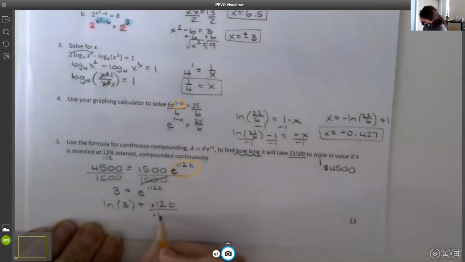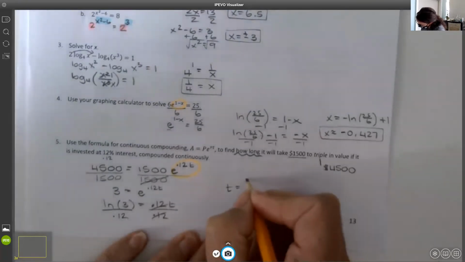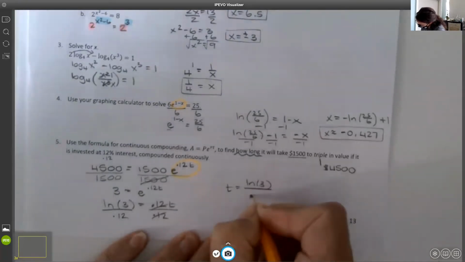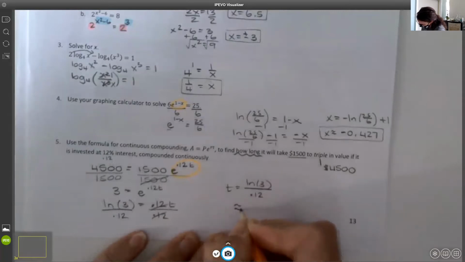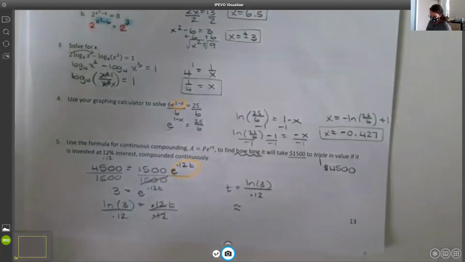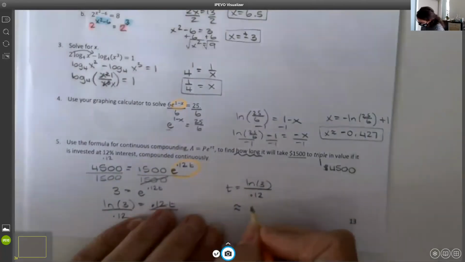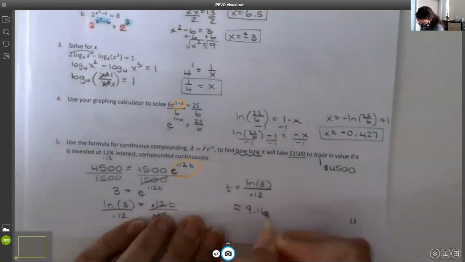And then I can just divide by 0.12. And so my time is going to be the natural log of 3 divided by 0.12. I could put that into my calculator, and you're going to get about 9.16 years.